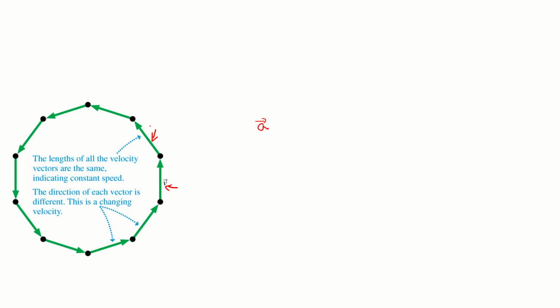If you remember, this would be v2, and this would be v1, right? Because they go in that way. And the acceleration would essentially be that delta v over delta t, or that arrow would be v2 minus v1, how that velocity changed between those two instances in time, over some delta t.